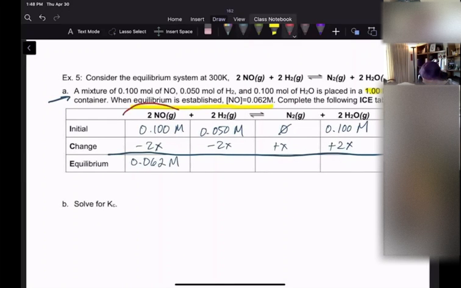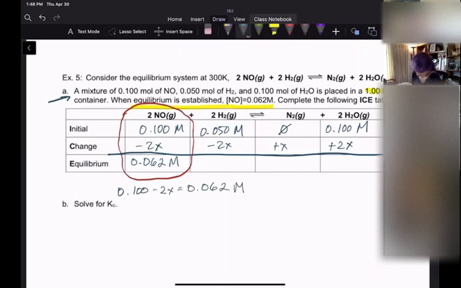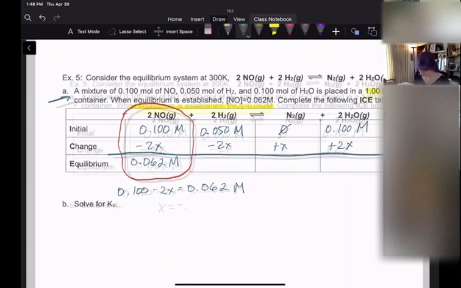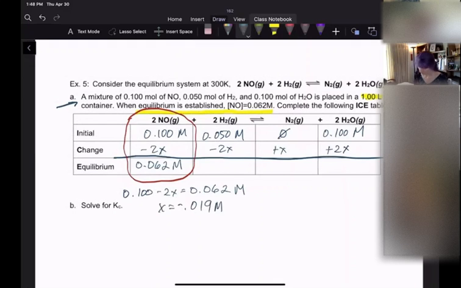So from this section, we get an equation we can solve. And then we're going to plug that back in all around.